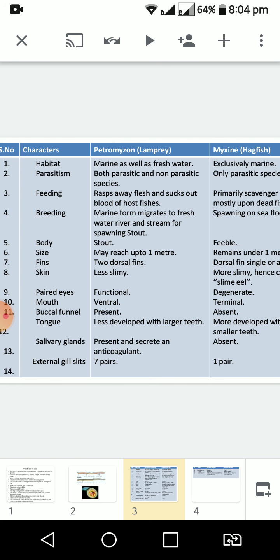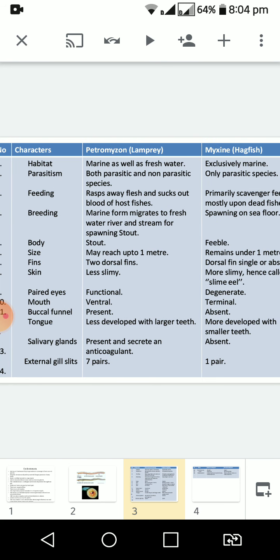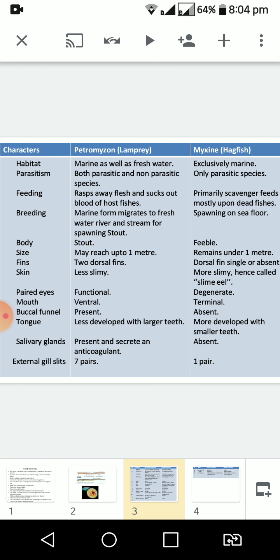Petromyzon lives in marine water and also in fresh water. But Myxine lives exclusively in marine water. That is the important thing. Petromyzon is commonly called lamprey, but Myxine is commonly called hagfish.